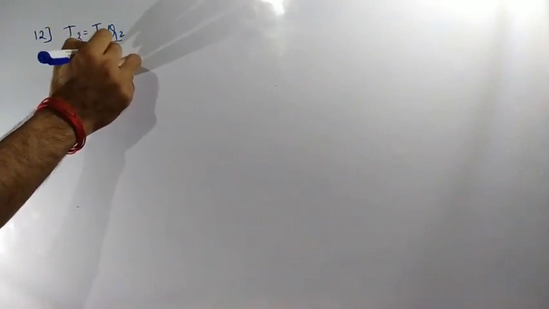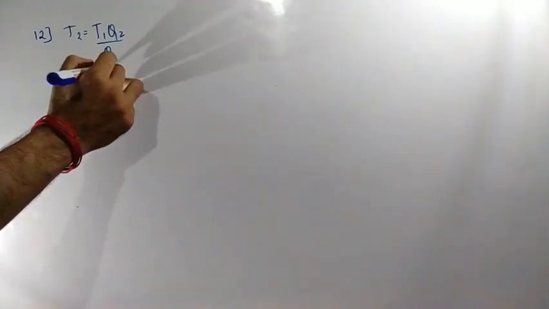So were we in question number 13 or the 12th one? 12th question, correct now? So T2 is equal to what we got, T1 into Q2 divided by Q1. Substitute the values and you are going to get the temperature of the sink.